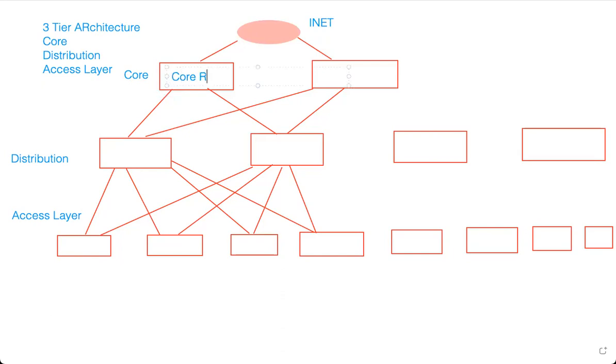This is core router 1. This is core router 2. This is distribution switch 1. This is distribution switch 2. Access switch 1. Access switch 2. And access switch 3. Access switch 4.